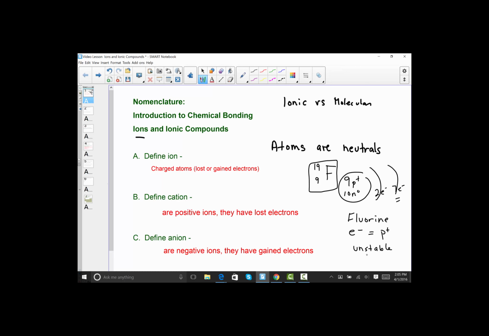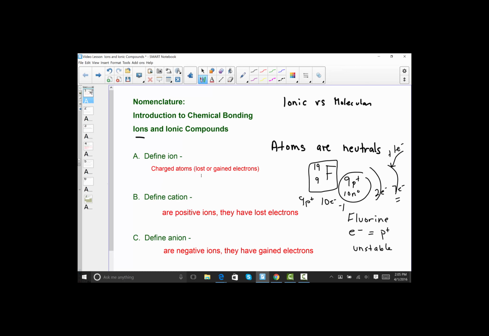It would much rather take in an electron. Adding one more electron into that outermost energy level would give it the same number of positive protons, but now it would have 10 negative electrons and actually have a net charge of -1. And if we have a net charge of -1, it's no longer neutral, it's an ion carrying a charge.